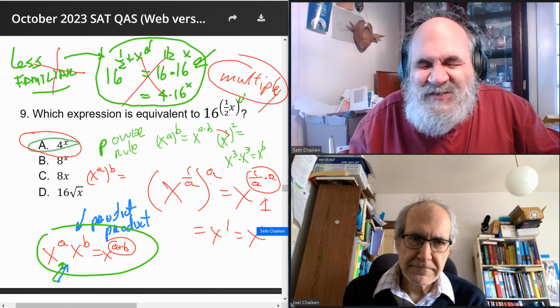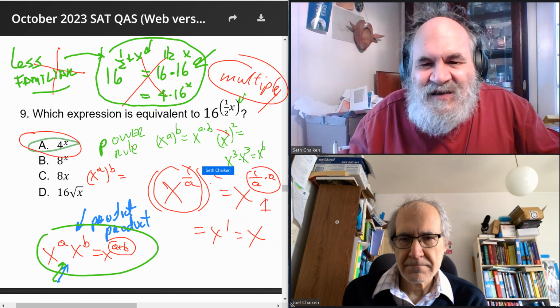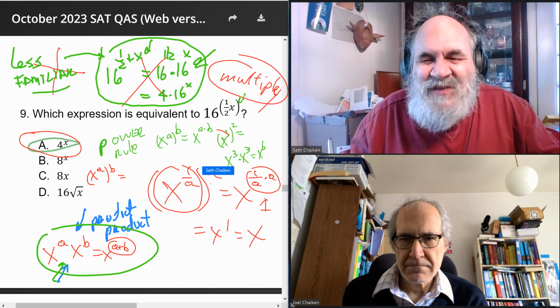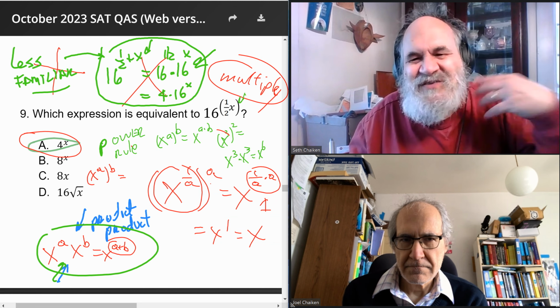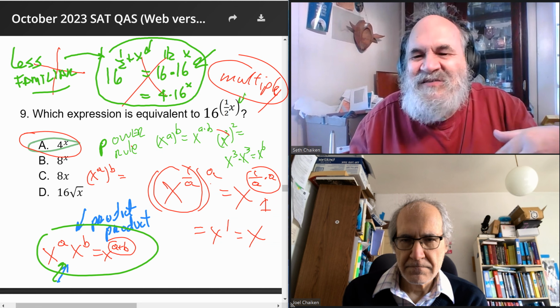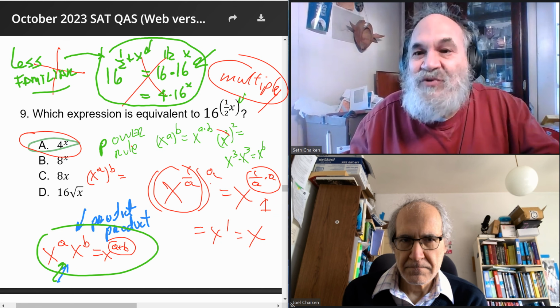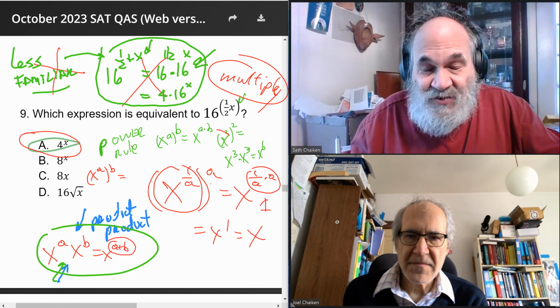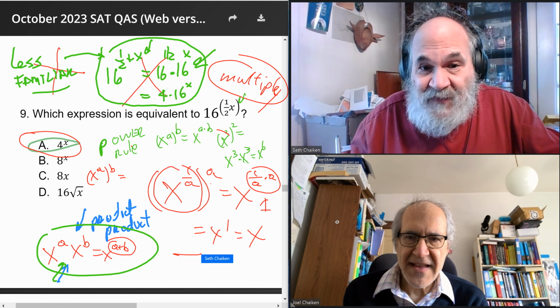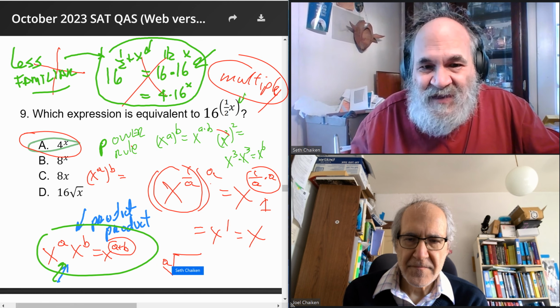And so x to the 1 over a is defined to be that number which, when you raise it to the 8th power, you get x. And that is the 8th root. That's also known as the 8th root of x.